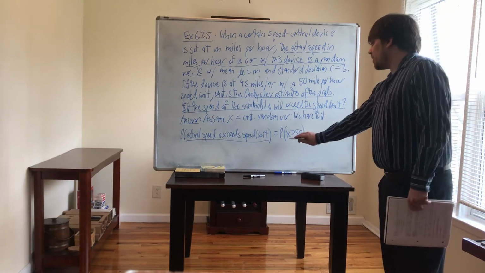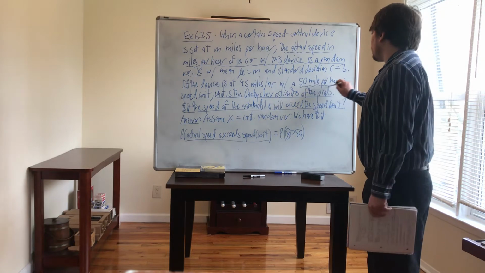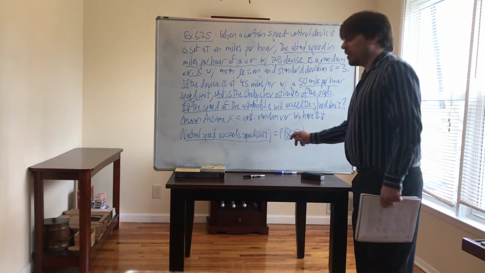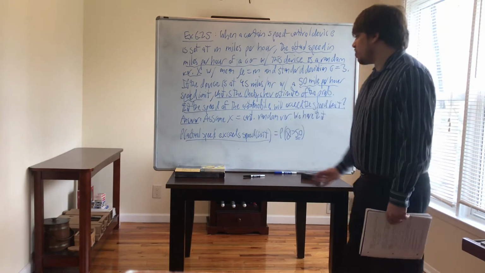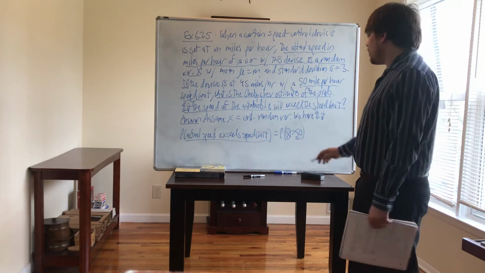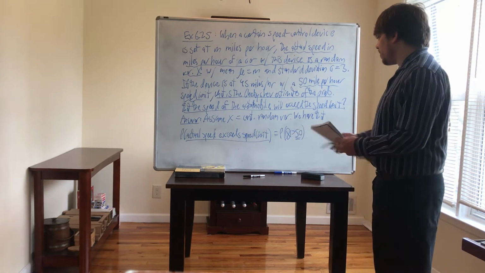X is the value of the actual speed, and the speed limit is 50 miles per hour. So you want the probability that the actual speed exceeds the speed limit, which is equal to the probability that the value of X, the actual speed, is greater than 50, the speed limit.